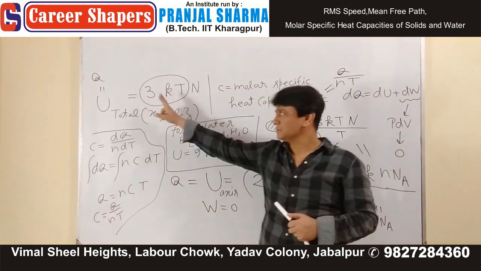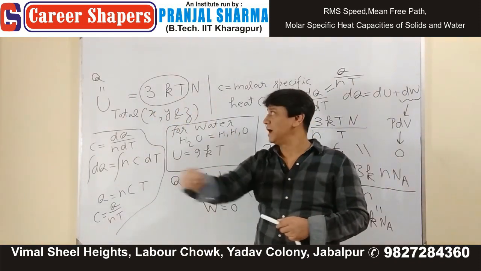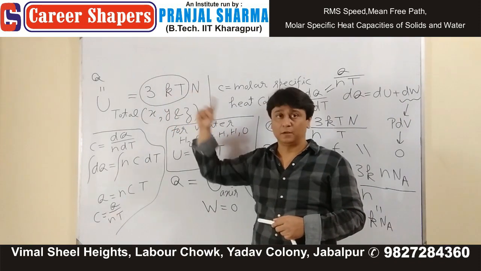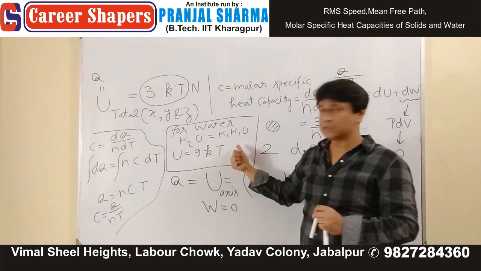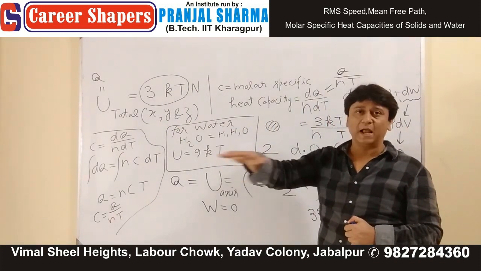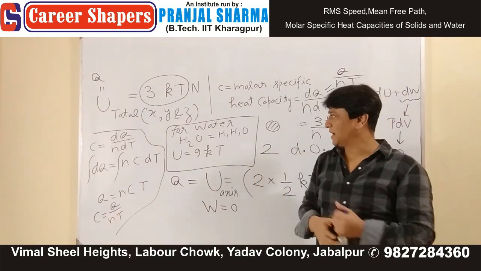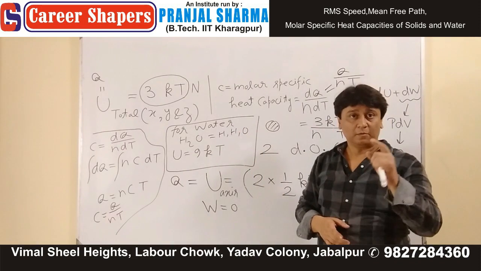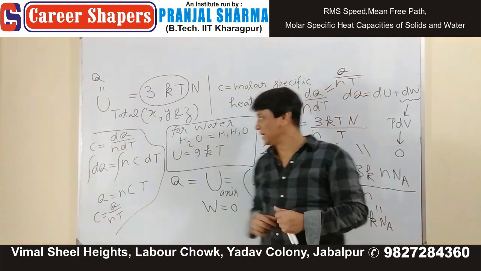So, for an atom, we found 3 kT. Whose atom is this? This was an atom of a solid. This is an atom of a liquid. But a liquid at rest in a beaker is just like a solid. Basically, it is not. Those atoms are also moving.